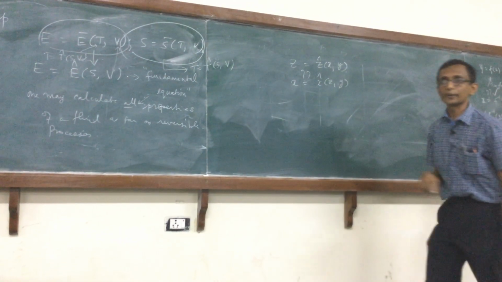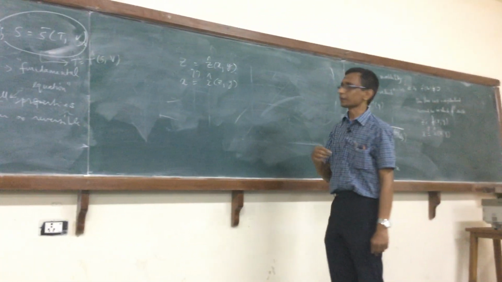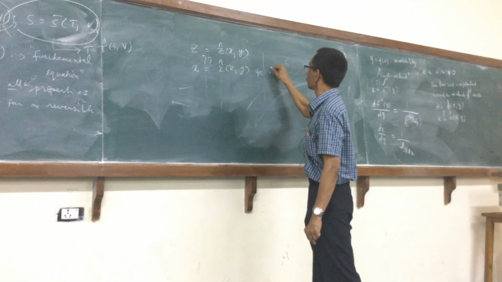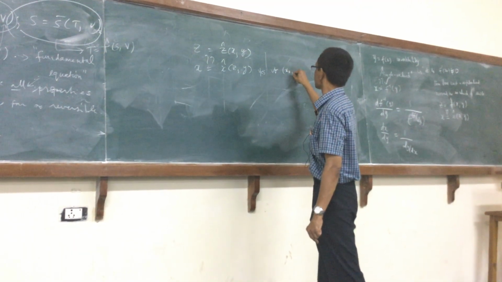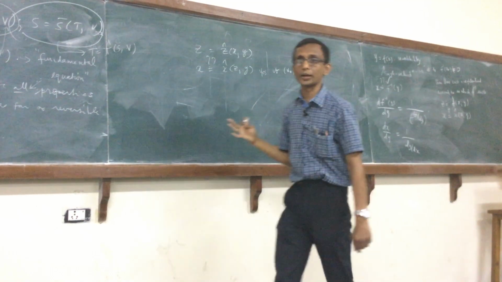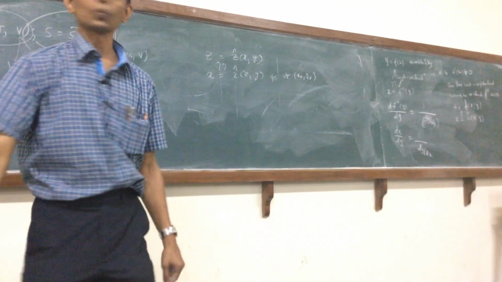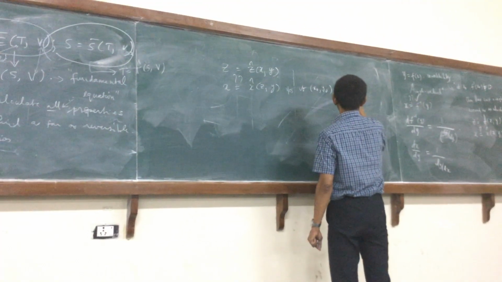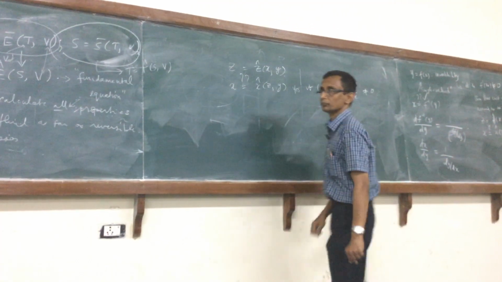Now, again, it's a sufficient condition. So I say that if at some point x naught y naught, so it's always a local condition, at some point x naught y naught, dz by dx is not equal to 0.